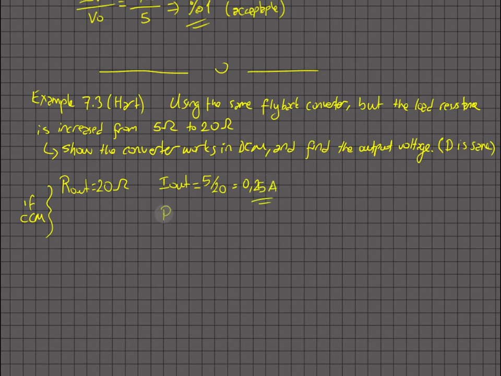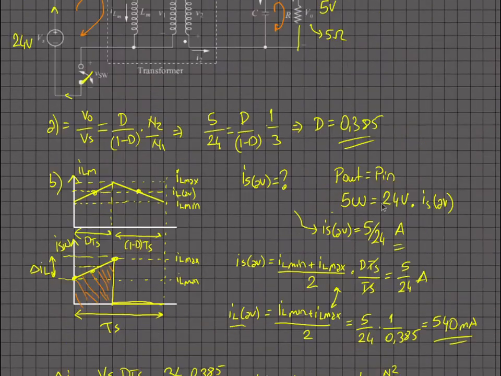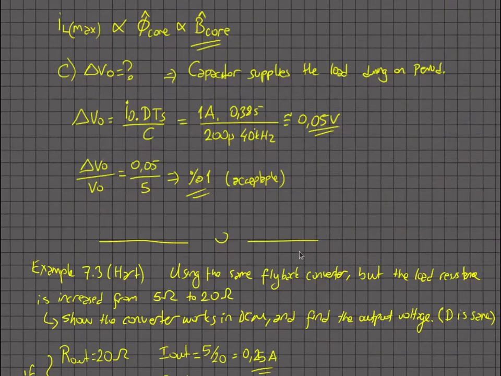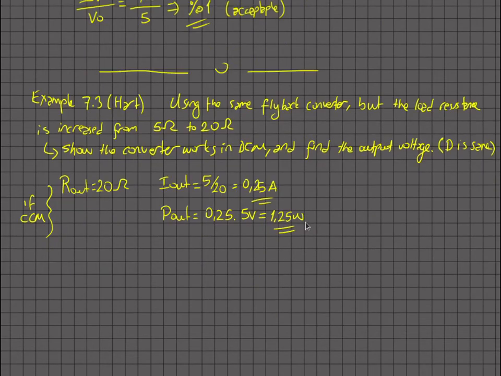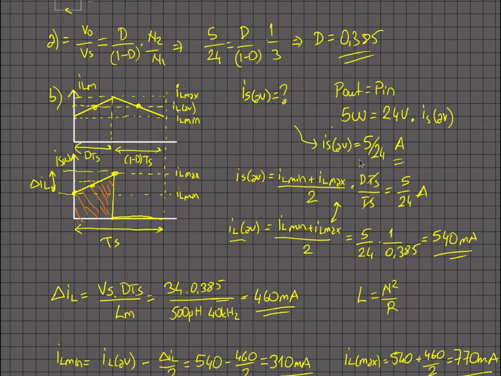Or I can calculate P out as 0.25 amps times 5 volts, so you can find it is 1.25 watts. So now our output power has decreased from 5 watts to 1.25 watts.